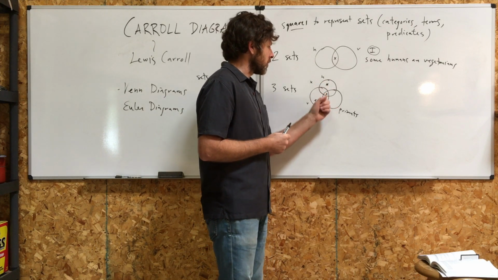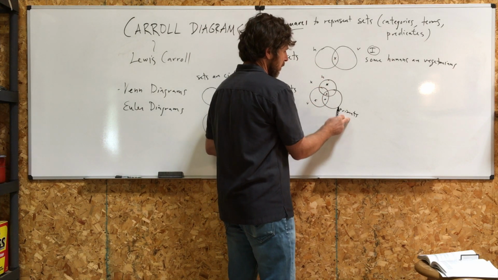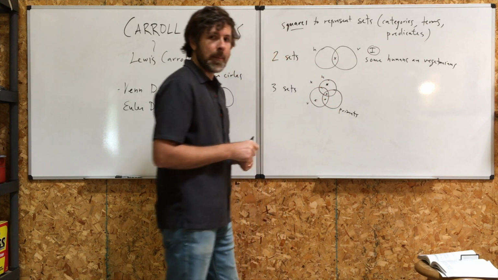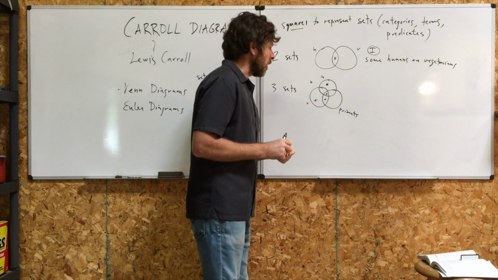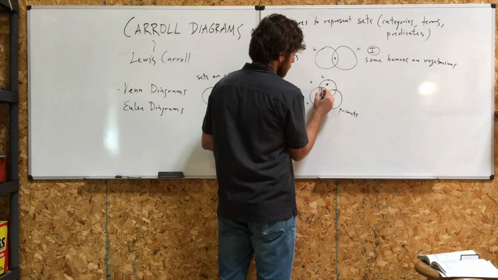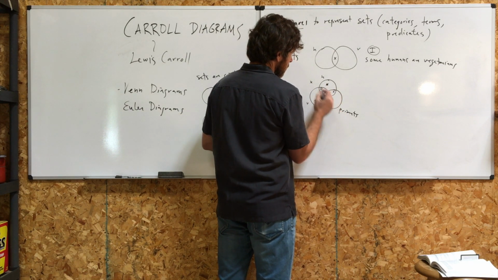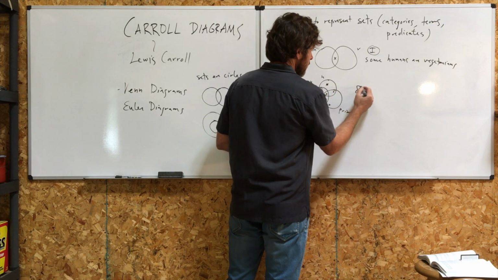It would belong to both the set of humans, the set of vegetarians, and the set of primates. It would exist right there. Okay? Venn diagrams work quite well that way. By the way, notice here that there are 8 regions, right? 1, 2, 3, 4, 5, 6, 7, 8. 8 regions.